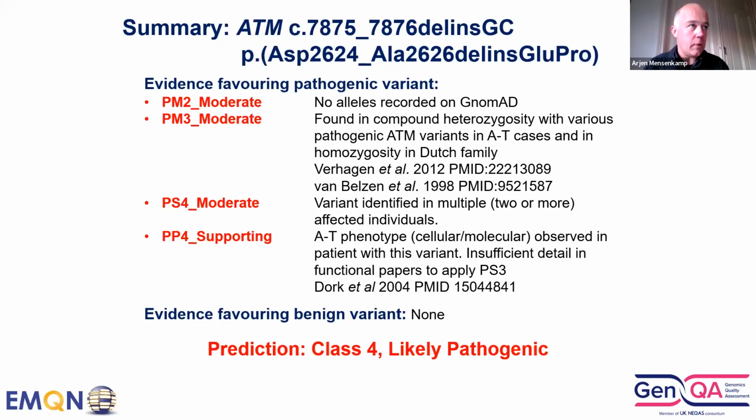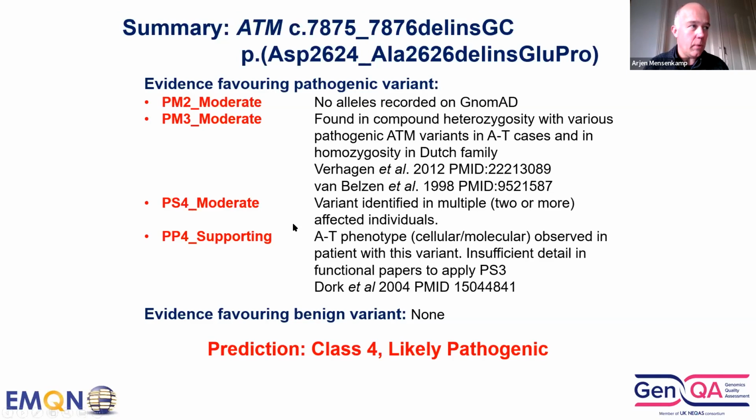And if you start off from the point of view of AT, you can note PM2 evidence, moderate level, as no alleles are recorded in gnomAD, and also PM3 moderate, as it is found in compound heterozygosity in various patients with AT, especially in two older publications from the Netherlands.